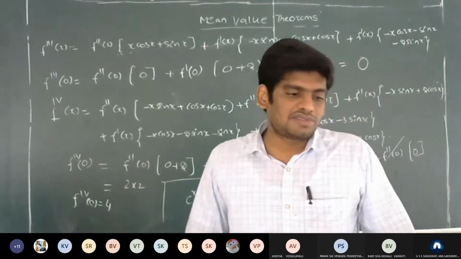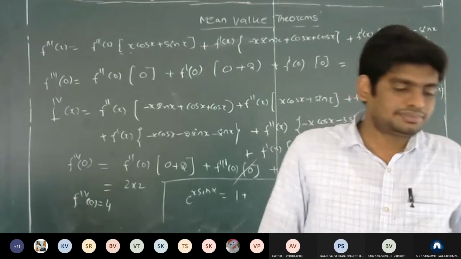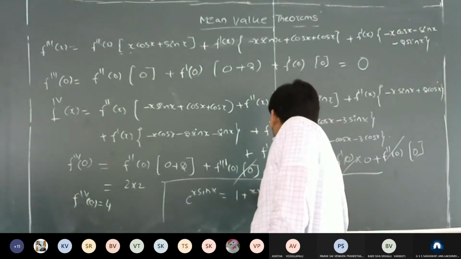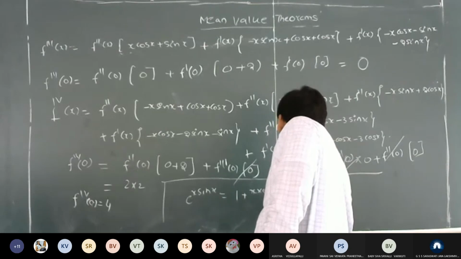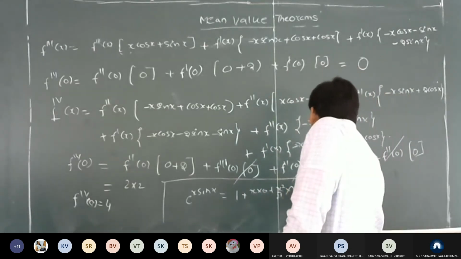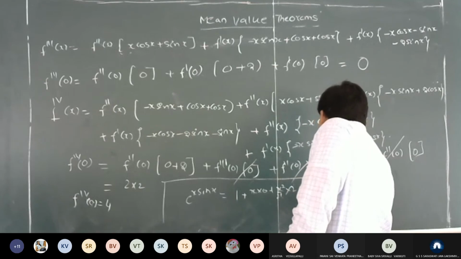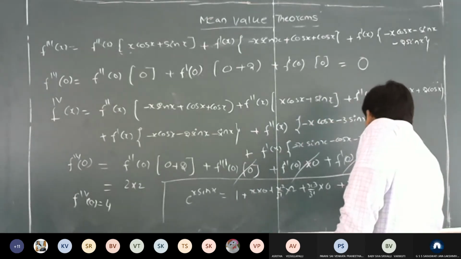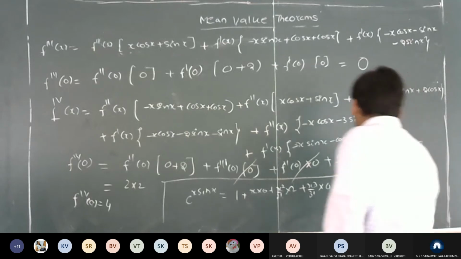What is the value of f dash of 0? 0. x into 0 plus x square by 2 factorial into f double dash of 0, this is 2, plus x cube by 3 factorial into 0 plus x power 4 by 4 factorial into 4.